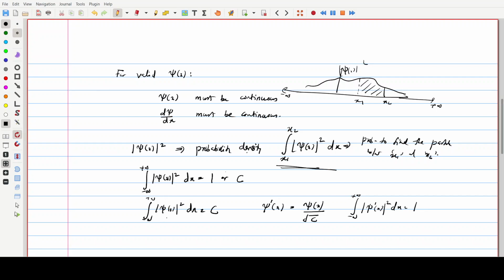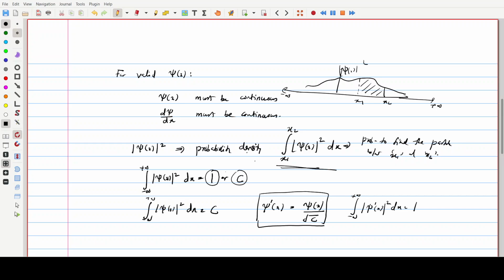So if you get the integral of mod psi square dx equal to some constant, then it is always possible to find a normalized wave function psi prime such that its integral over the whole space will become 1. So it is also okay to get the integral equal to some constant. It is not important to get its value equal to 1. If it is equal to some constant, then it is also an acceptable wave function.